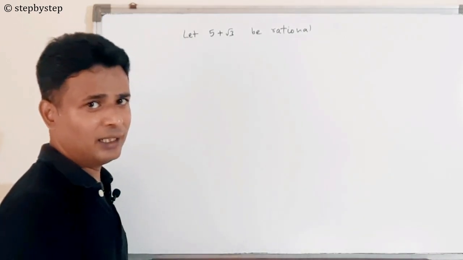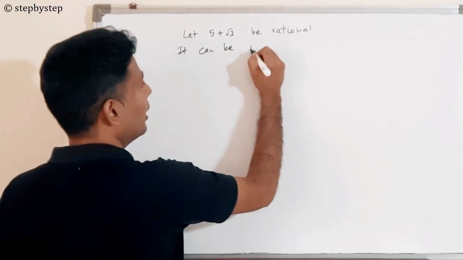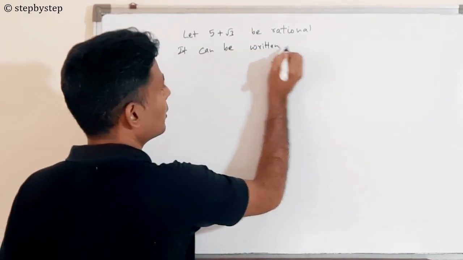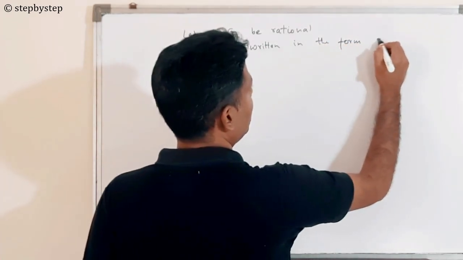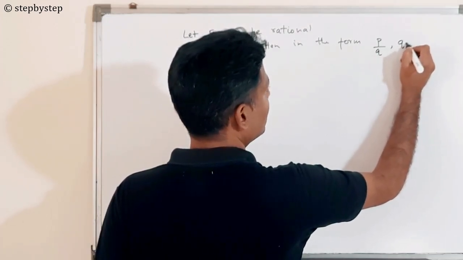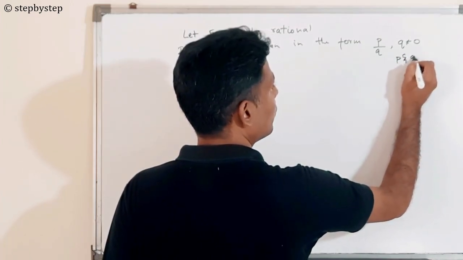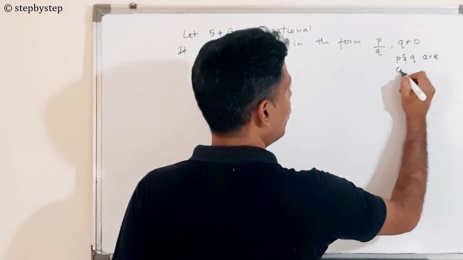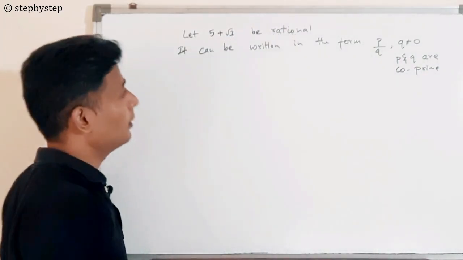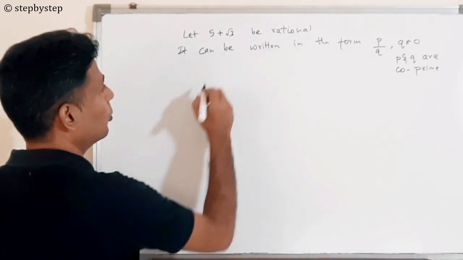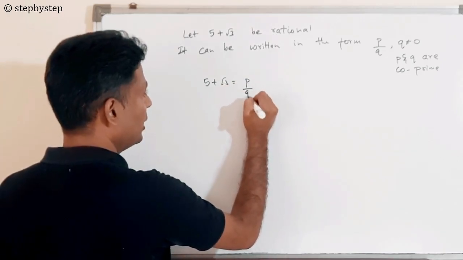If 5 plus root 3 is rational, it can be written in the form P by Q, where Q not equal to 0 and P and Q are co-prime. Very important to write this. So it can be written in the form P by Q. So what do we have? 5 plus root 3 equal to P by Q.